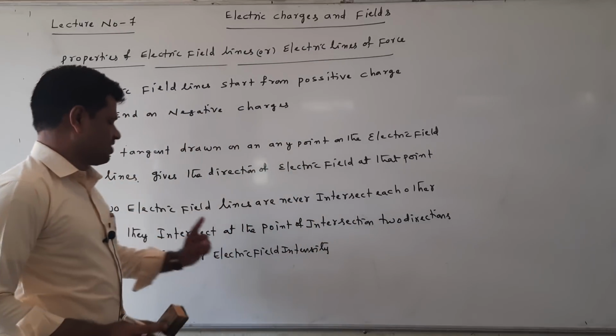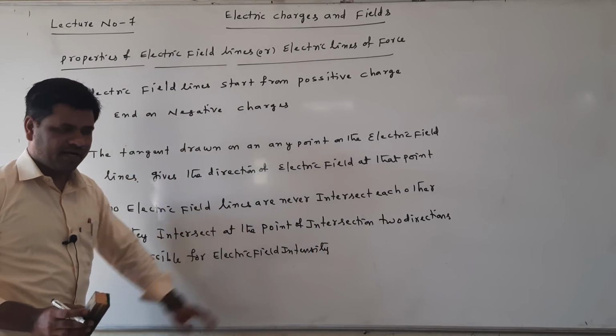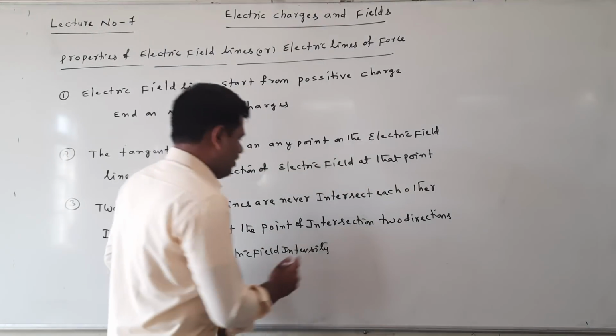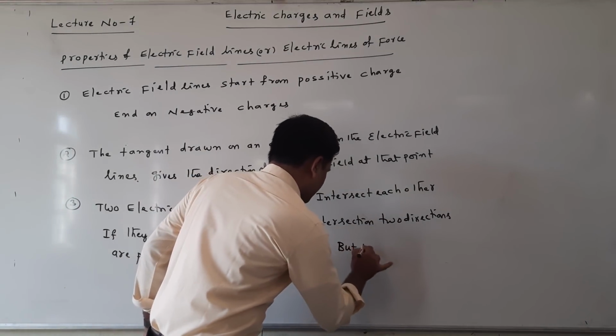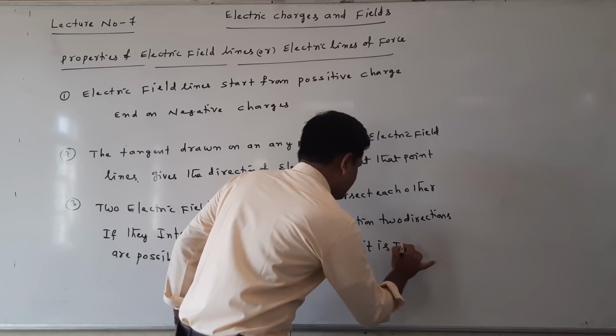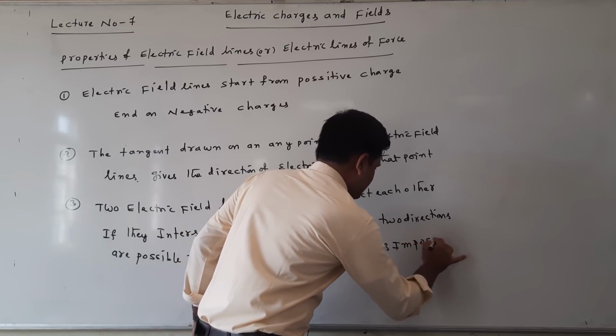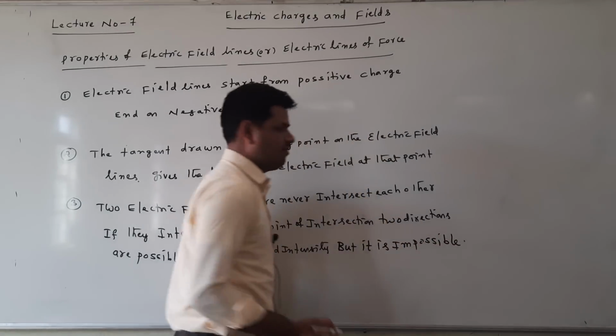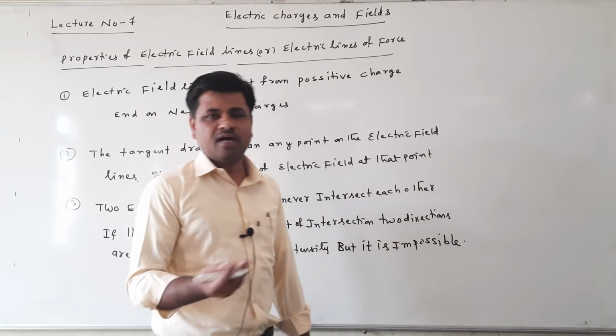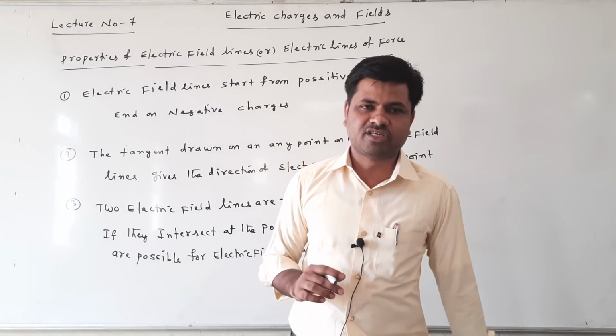At the point of intersection, how many directions are possible for electric field intensity? Two directions. But it is impossible. Why is it impossible? Because electric field intensity has only one direction. It is a vector quantity. It has only one particular direction.